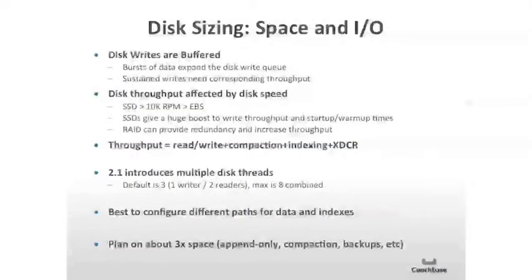Disk I/O becomes a much more important factor, depending to some degree on the application, whether it's read-heavy or write-heavy or a mix of both. But in almost all cases, disk I/O needs to be taken into account to some degree. The more your working set doesn't fit into RAM, the more read requests are going to come from disk, the more that disk I/O is going to be important for performance.